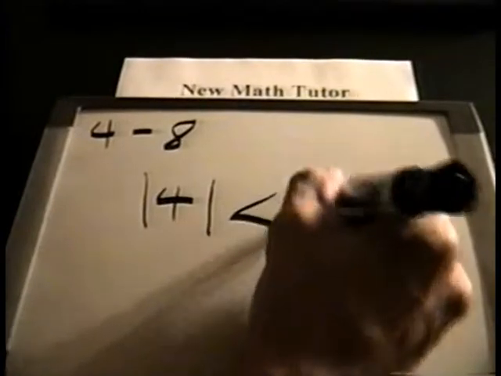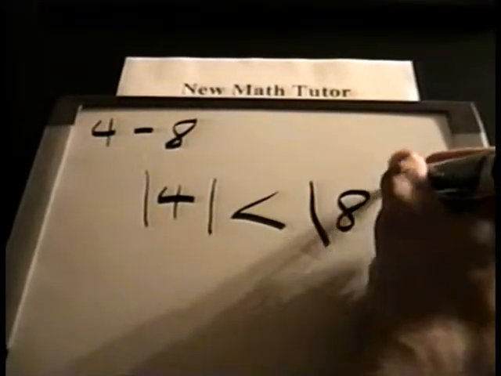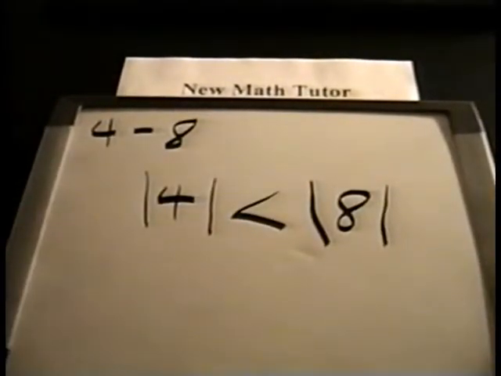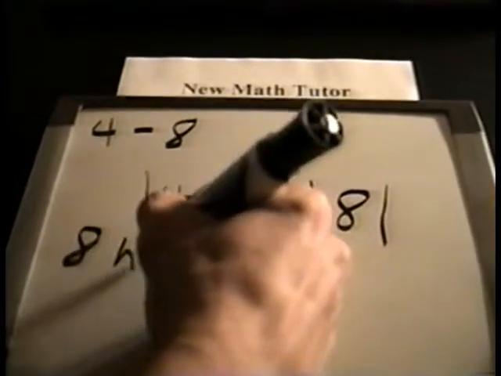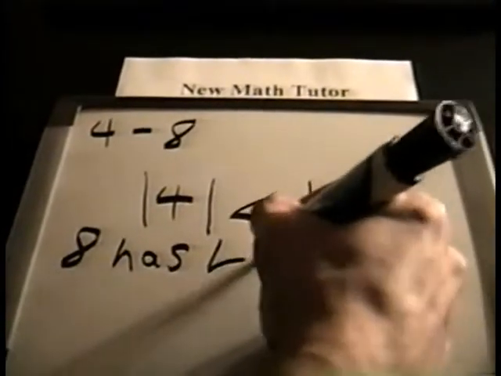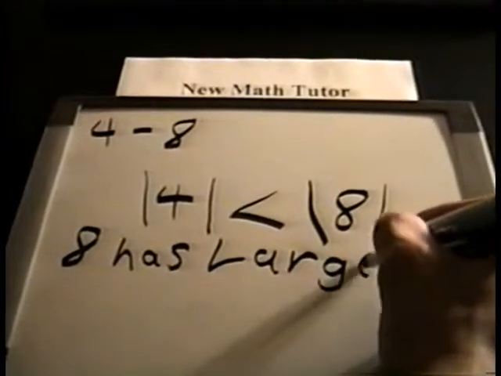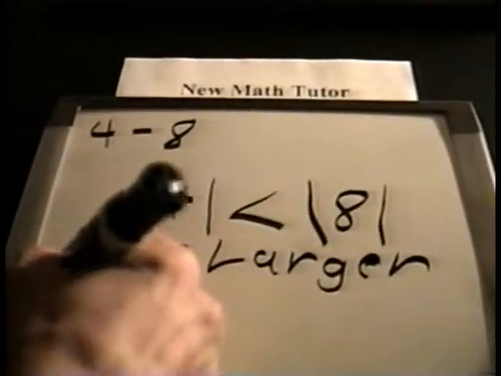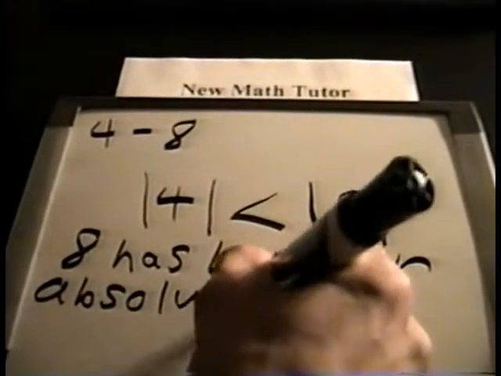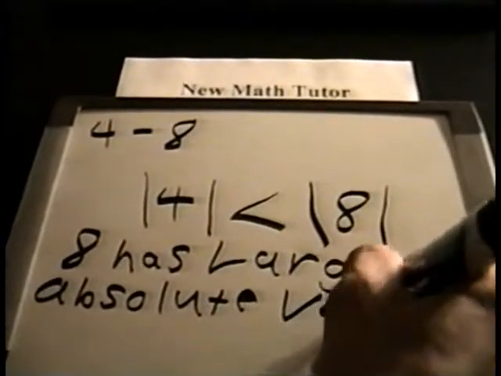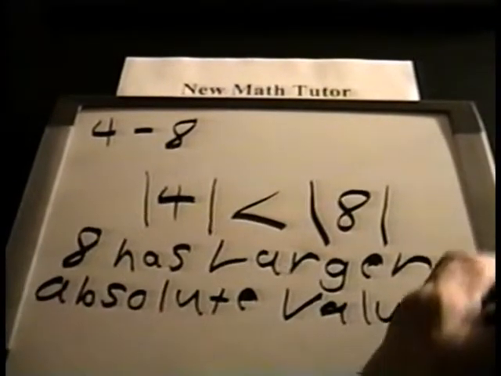Example, if we have 4 minus 8, here the absolute value of 4 is smaller than the absolute value of 8, or is less than the absolute value of 8.